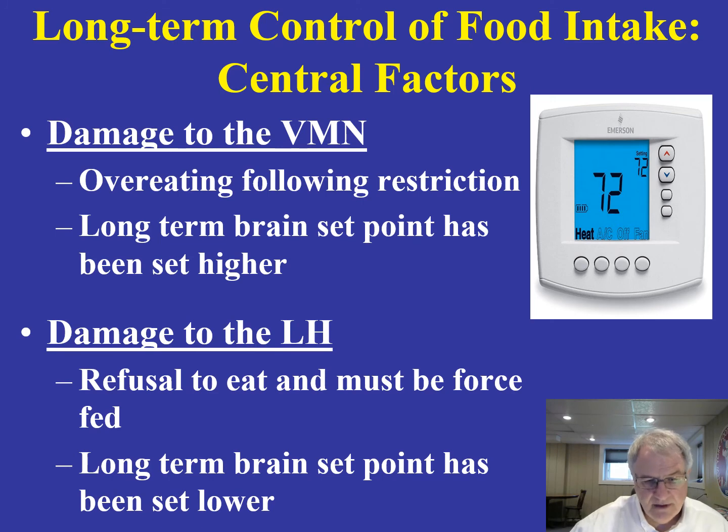Damage to the lateral hypothalamus, animals refuse to eat. They have to be force-fed. They maintain their body weight at a lower level. But it appears as though this long-term brain set point has been set lower. So it's almost like a thermostat that's changing. So these are long-term kinds of factors.